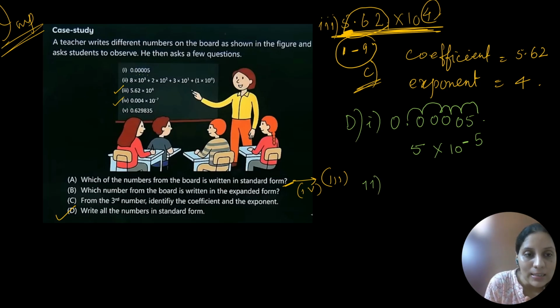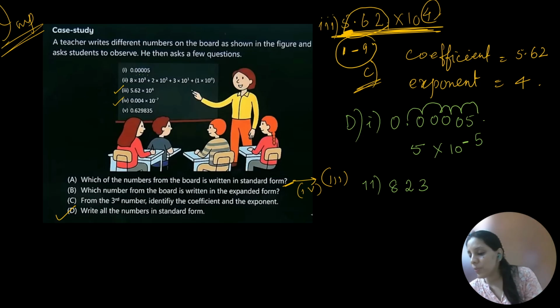Now second one. अब 8 into 10 cube मतलब 800. 2 into 10 square मतलब 200. और 20. 3 into 1 मतलब 823. So this is 823, is it division? Just a minute. No, it is one place.